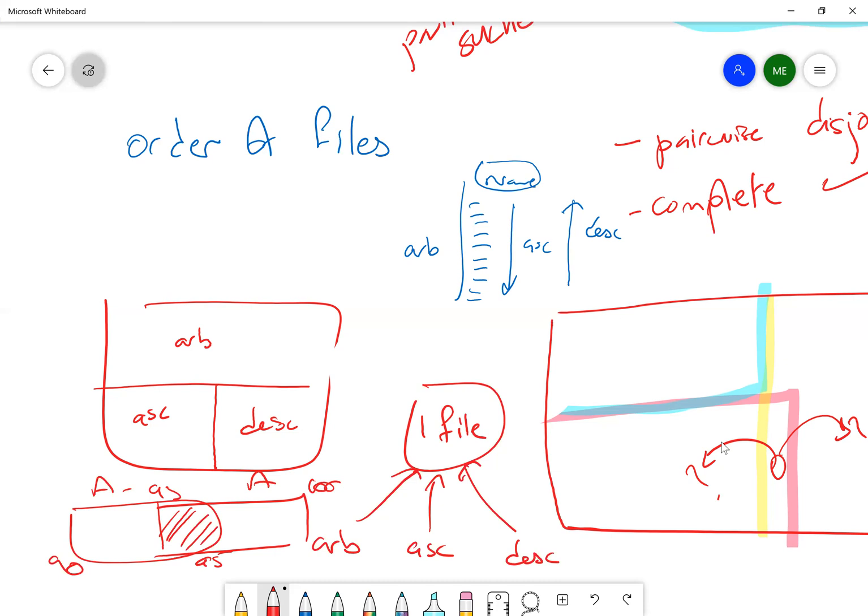But like I was saying, at first glance, it looks like ascending, descending, and arbitrary probably cover it all. But this is not really necessarily the case. When you consider the different scenarios that can exist, you can realize that the partition scheme that we have is not enough.